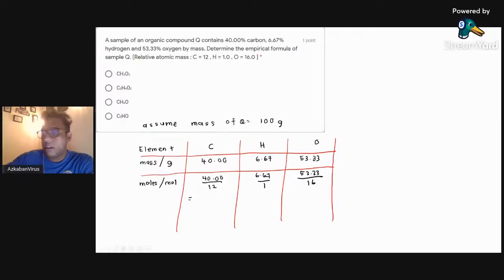Ini sama dengan 3.33, ini pun 3.33. Okay.